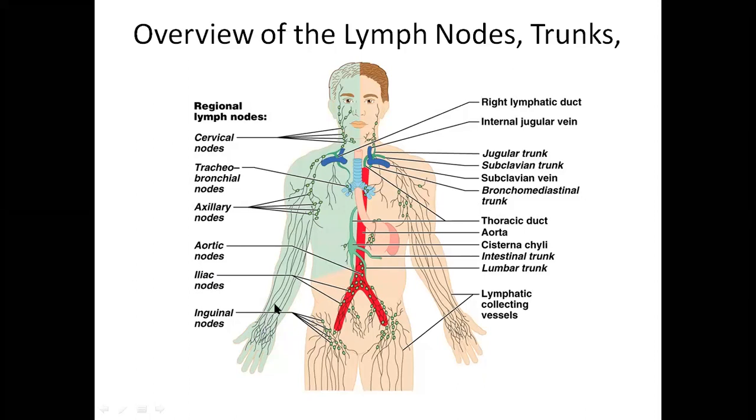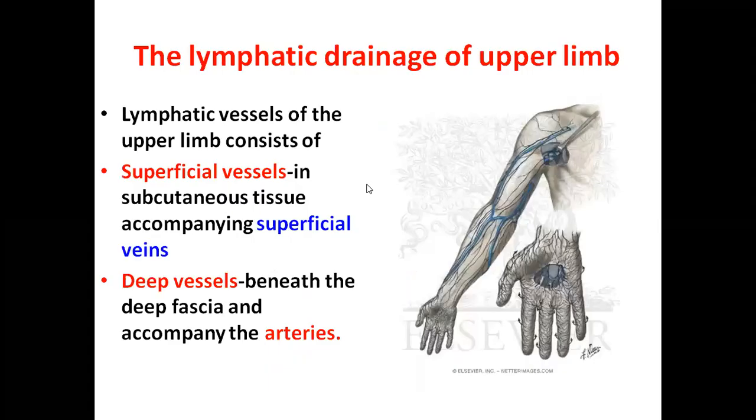It passes through a series of lymph nodes to get filtered from bacteria, and finally the whole lymph will be draining into the lymphatic ducts, right? On the right side, we have the right lymphatic duct, and on the left side, we have the thoracic duct, right? Which generally open at the junction of the subclavian vein and the brachiocephalic, right? Okay, now let us see.